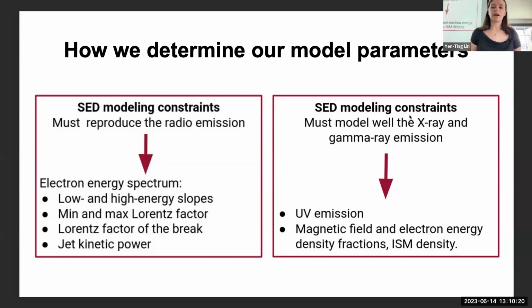When it comes to high energy emission, it is mostly controlled by, first of all, ultraviolet emission, and also the ratio between the energy densities in the electrons and magnetic field, and also ISM density.